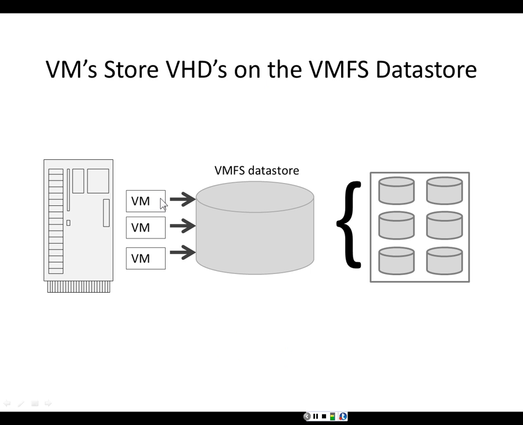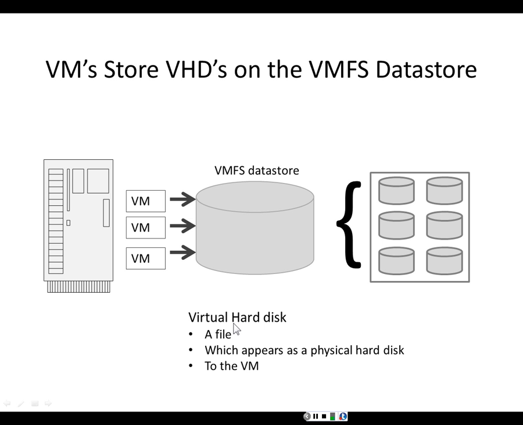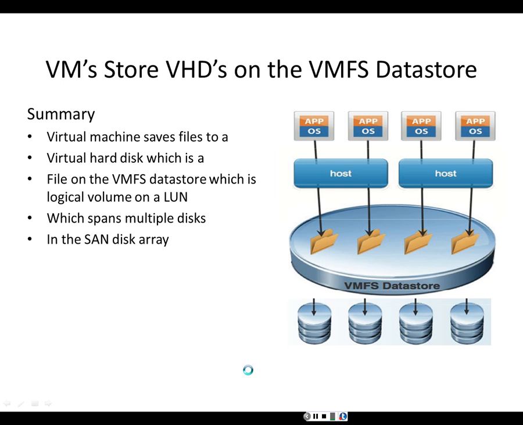And virtual machines store virtual hard disks to the VMFS data store. And as you know, a virtual hard disk is a file which appears as a physical hard disk to the virtual machine.